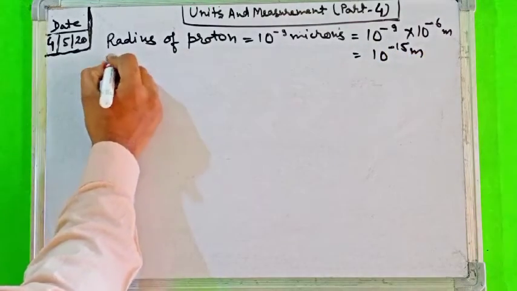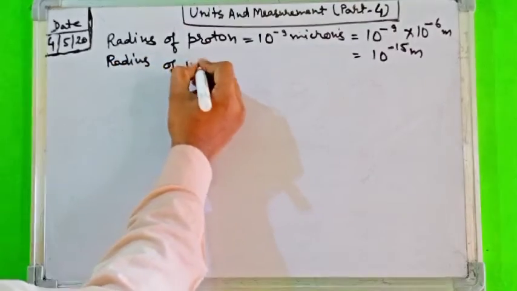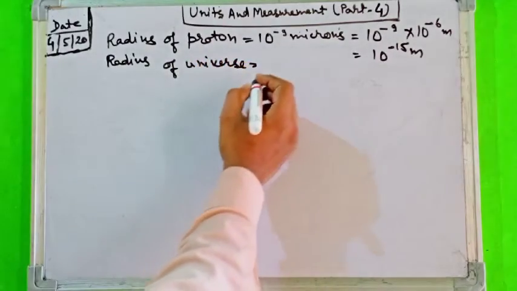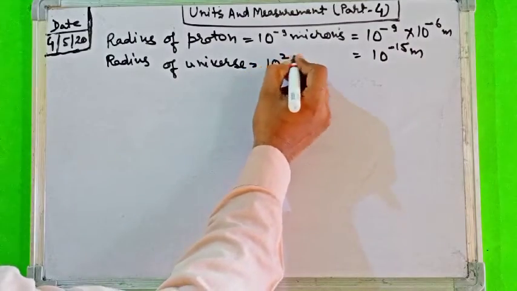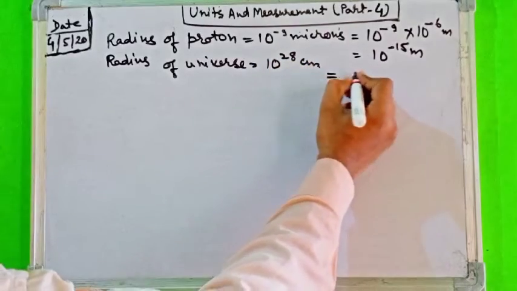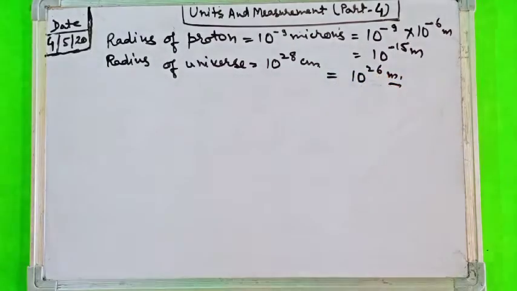Radius of the universe is given as 10 to the power 28 centimeter, and it is expressed in meter as 10 to the power 26 meter.